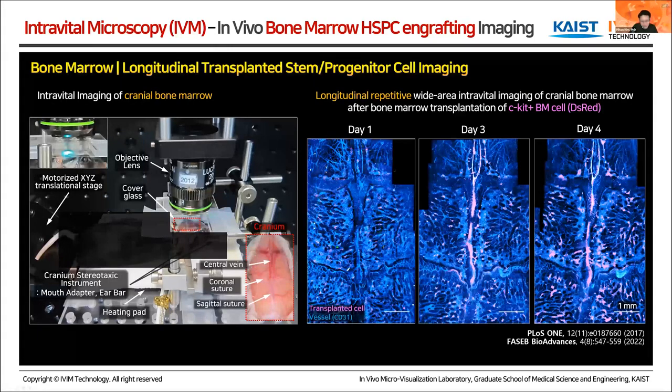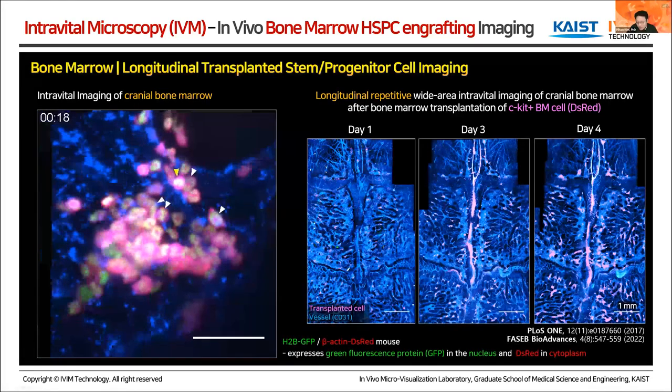So these are the everyday images obtained from the same mouse after bone marrow transplantation. This red color is actually the transplanted bone marrow hematopoietic stem and progenitor cells. And then you can see, from day 1 to day 4, we can see the engraftment of these transplanted cells inside the bone marrow of the skull.